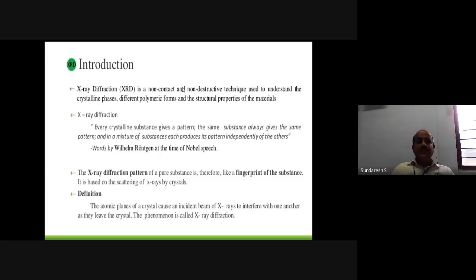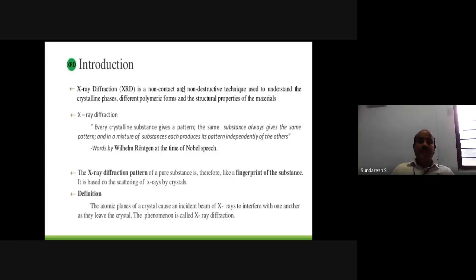In such cases, each material will have its own crystalline pattern. When you take these different materials individually, they have their own crystalline pattern. And when they are mixed, each one will give its pattern independently of the others. They never depend on the others.